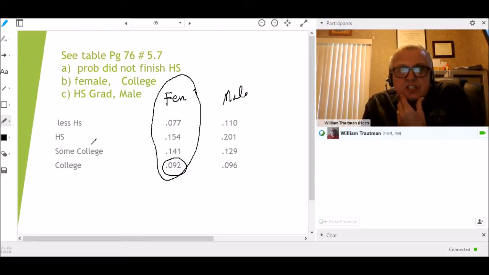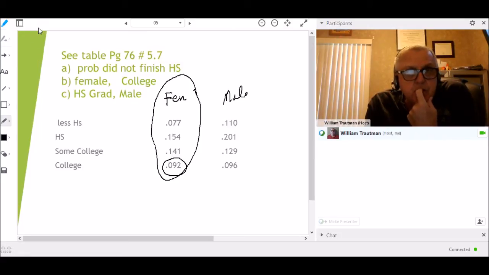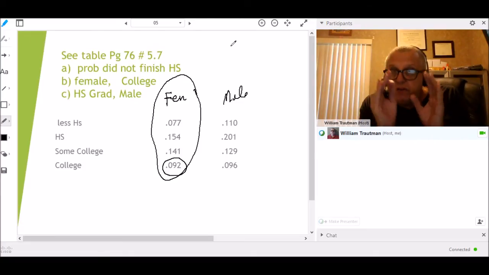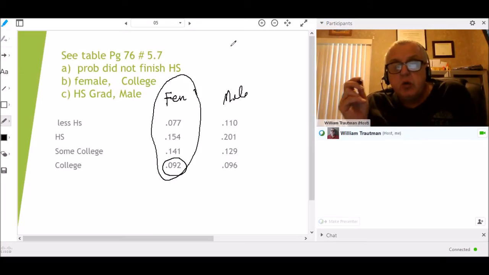So what's the answer here? Okay, so if a female is picked, that means we're only focusing on the females. What is the probability that she has a college degree?